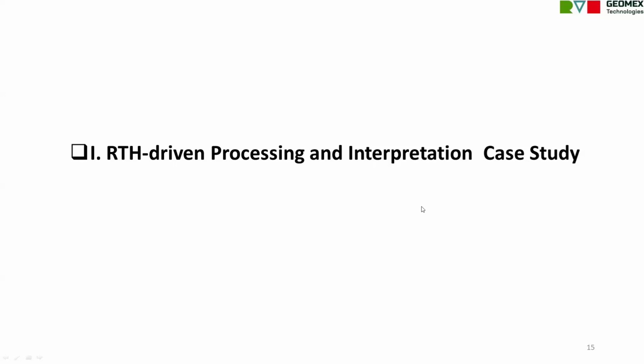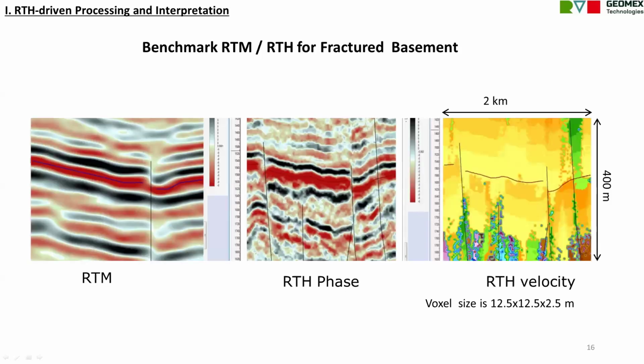Very similar to conventional, but it's different. First slide concerning the benchmark RTM and RTH for fractured basement. Very important, the fractured basement is here. This line, the thin plate, is the target horizon, and this fracture is the basement, fractured basement.